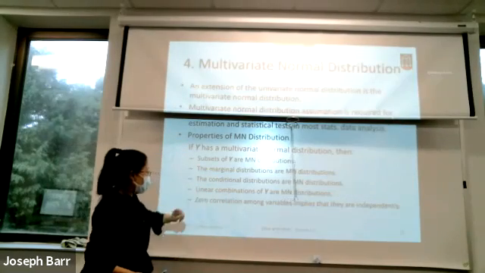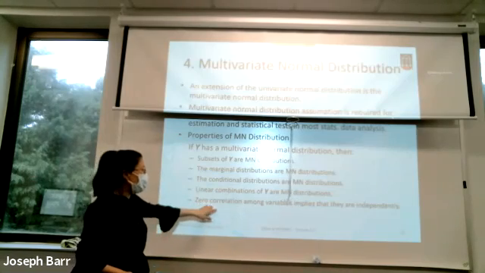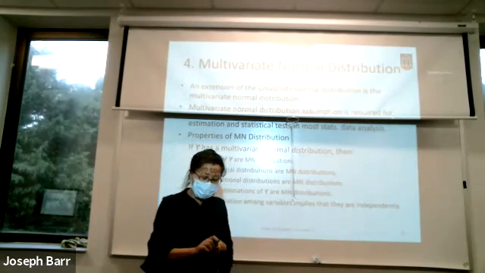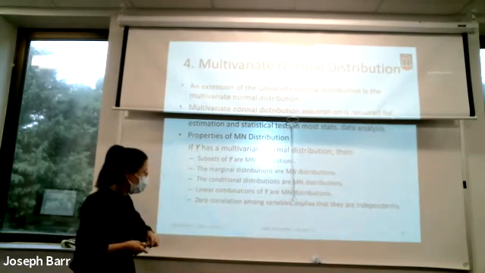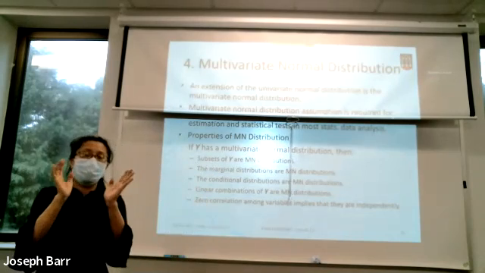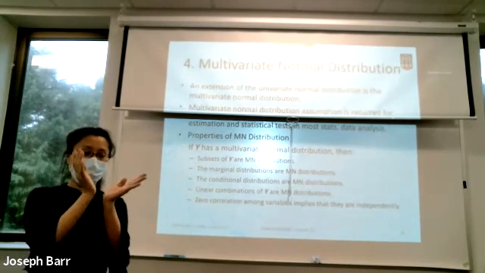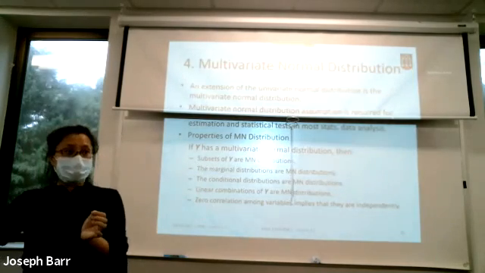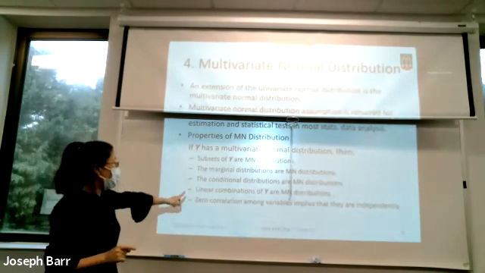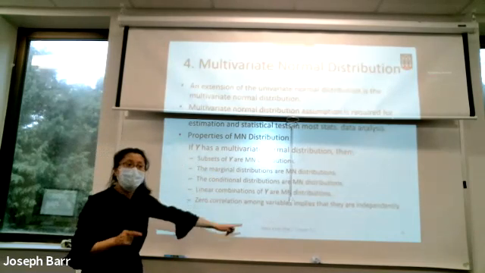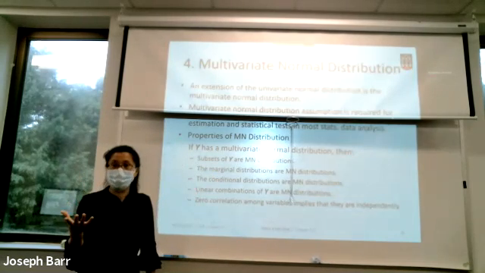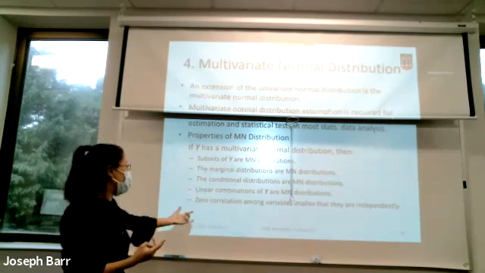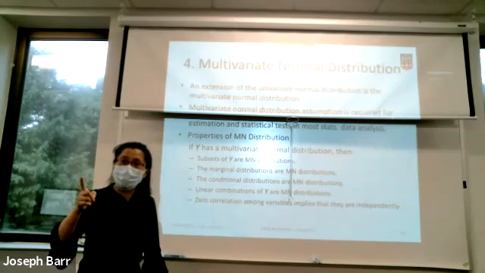And we have another good property: zero correlation among variables implies that they are independent. But how to understand that part? If you calculate the correlation of two variables, and that correlation is 0, definitely those two variables are independent when these two are normally distributed. Only when these two are normally distributed, the 0 correlation means they are independent.